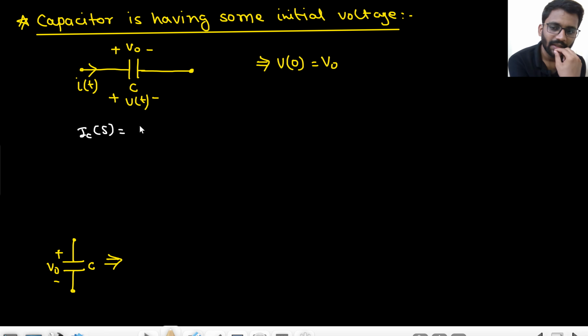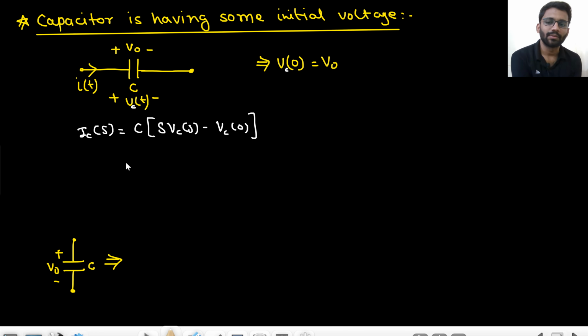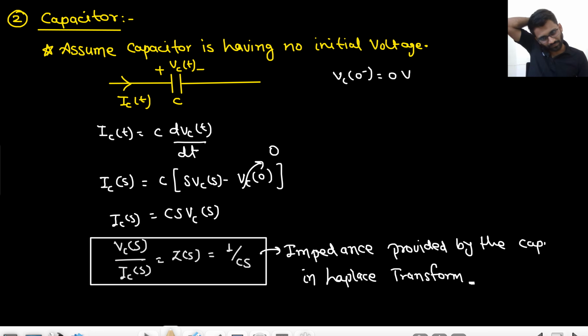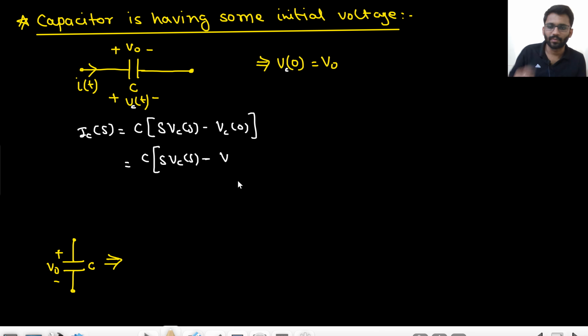ICS would be C, sorry, not C, CS, right? It would be CS VC of S minus the value of VC, time domain value at t equals 0. So what is the value at t equals 0?